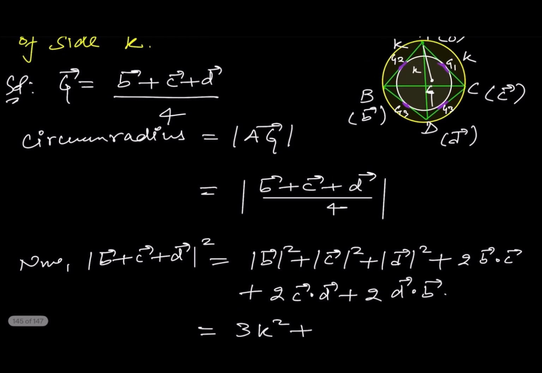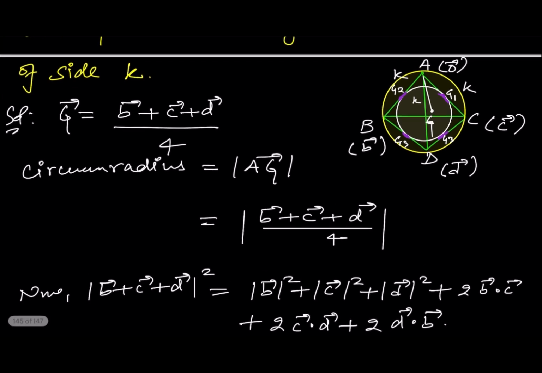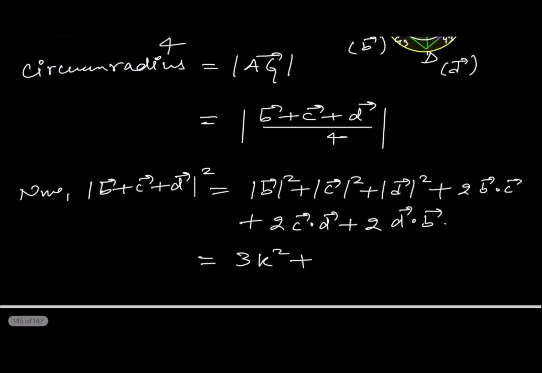Theta is the angle between B and C, and in regular tetrahedron, theta is pi by 3 because all faces are equilateral triangles.